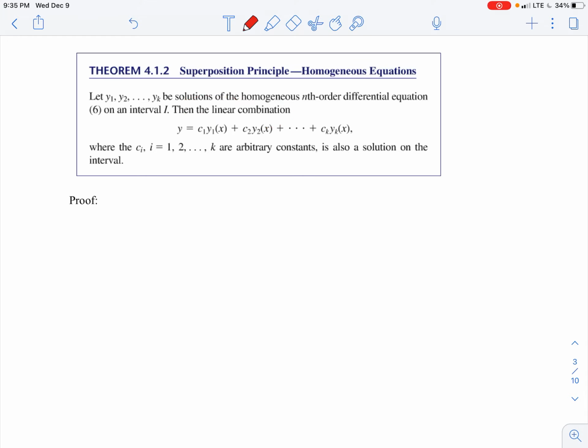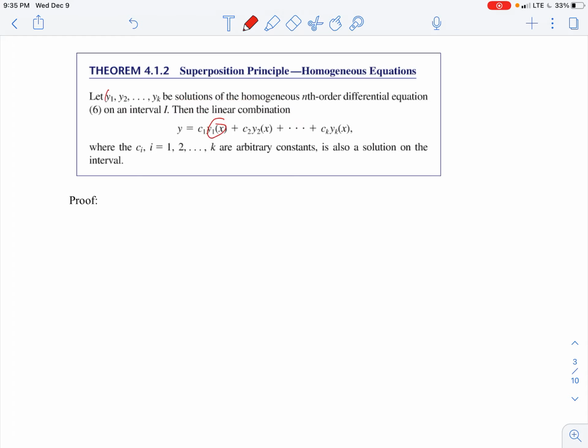Say we had y sub 1, y sub 2, all the way up to y sub k, solutions to our homogeneous equation. Then we always have an extra solution by just taking the linear combination of all of our solutions.